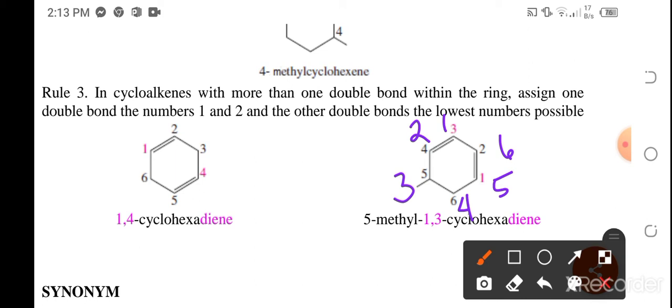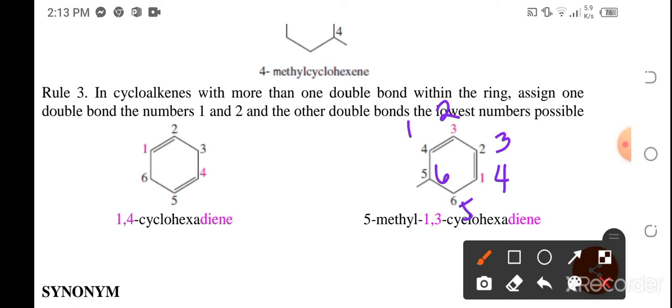Okay, so mas priority si double bond kaysa dito sa substituent na to. Okay, why are we not numbering it as, so another possible numbering system, we have this one. So this is 1, 2, 3, 4, 5, and 6.